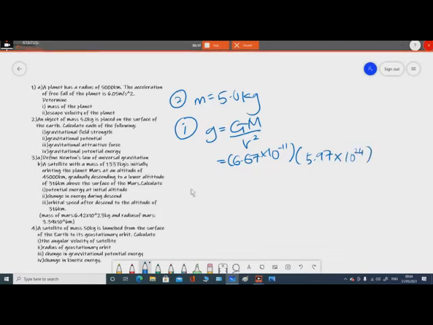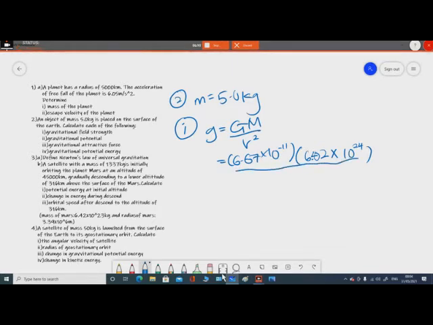Okay, we are not about to use this one. What we use will be 6.02 times 10 to the power of 24 kg over the R square.